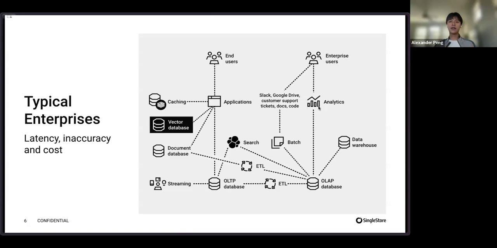This is supremely inefficient, and it adds not just latency at every single link you see in this graph, we're adding latency to our end user, right? But also inaccuracy and cost. The ETLs can become stale, they can become deprecated, and the data that shifts between your OLTP and OLAP databases and your search has to undergo transformations, has to be piped into certain data lakes through streaming, and all of these systems have to be maintained.